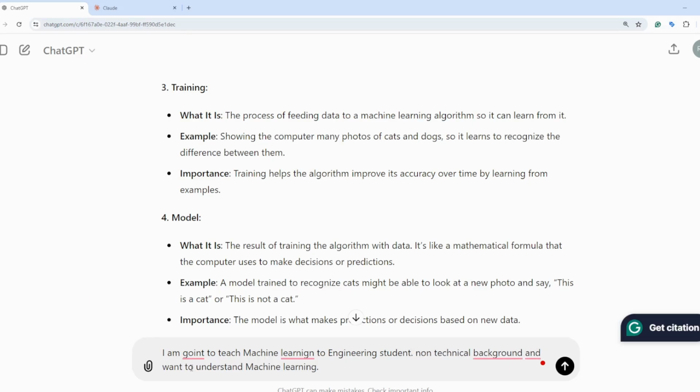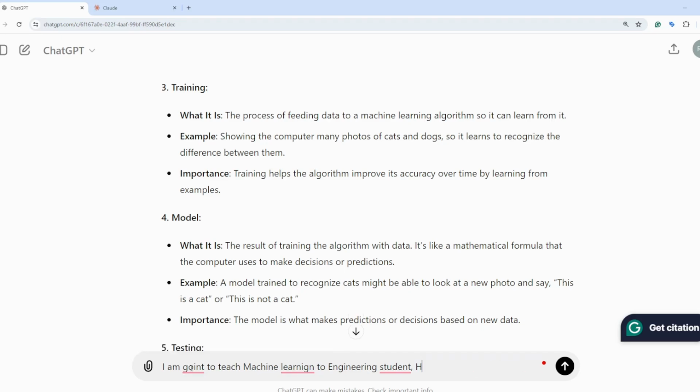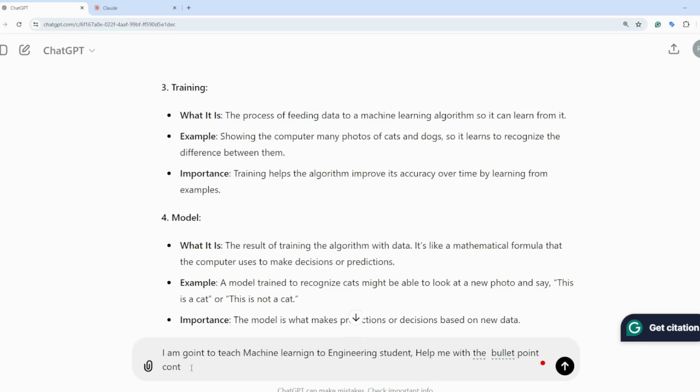Okay, now I am changing this. I'm going to teach about machine learning to a... so help me with the bullet point content. Okay, let's see.